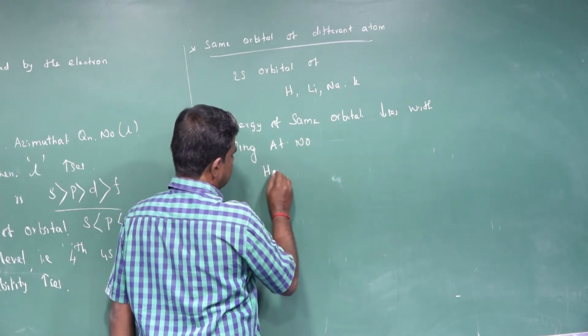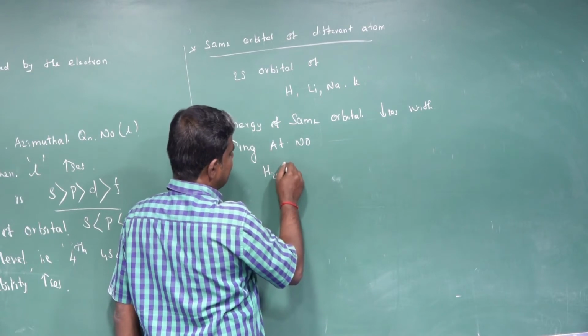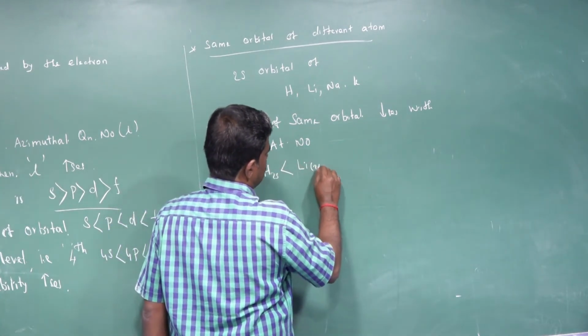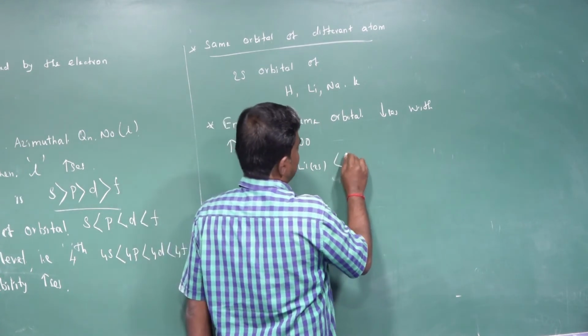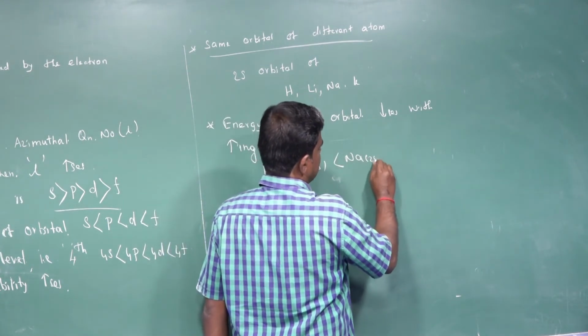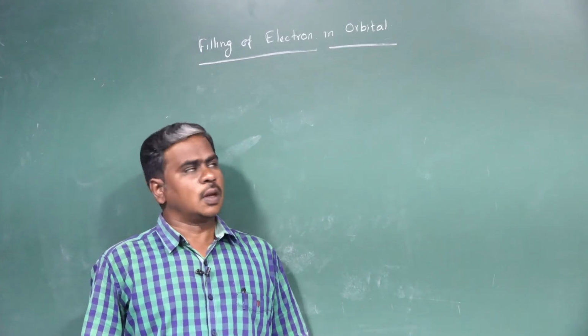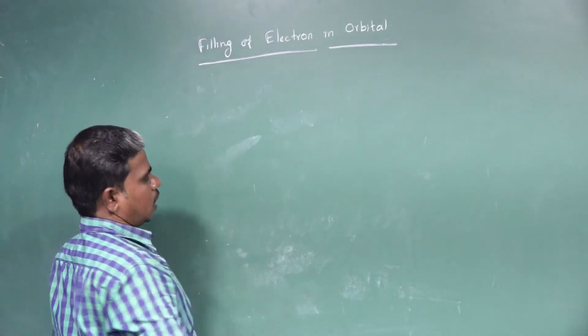So hydrogen 2s orbital has lesser energy than that of lithium 2s orbital, and that of sodium 2s orbital and potassium 2s orbital. Filling of electrons in orbitals follows three rules.